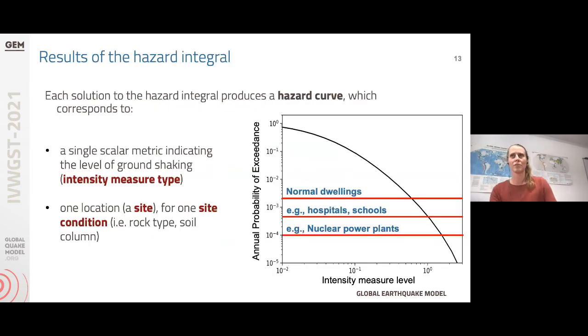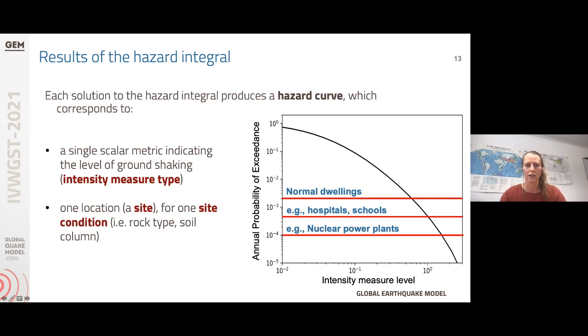So one example of a hazard curve is pictured here on the right. And just to start orienting you with what a hazard curve looks like, the x-axis is showing the intensity measure level, which could be a variety of different things, PGA, PGV, and we'll go over those parameters a little more later in the presentation.